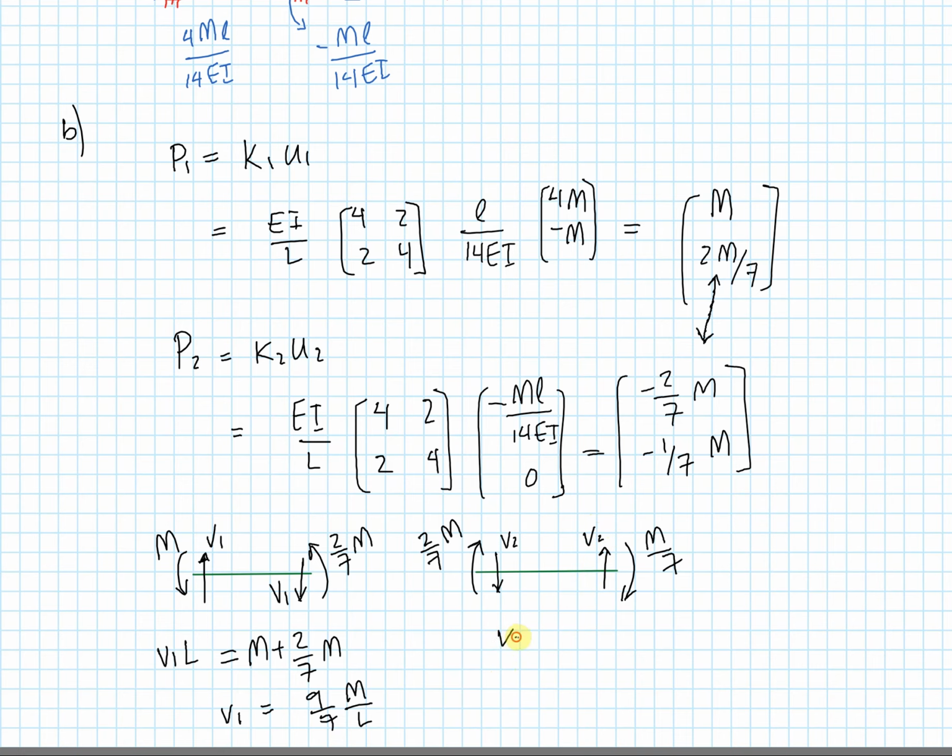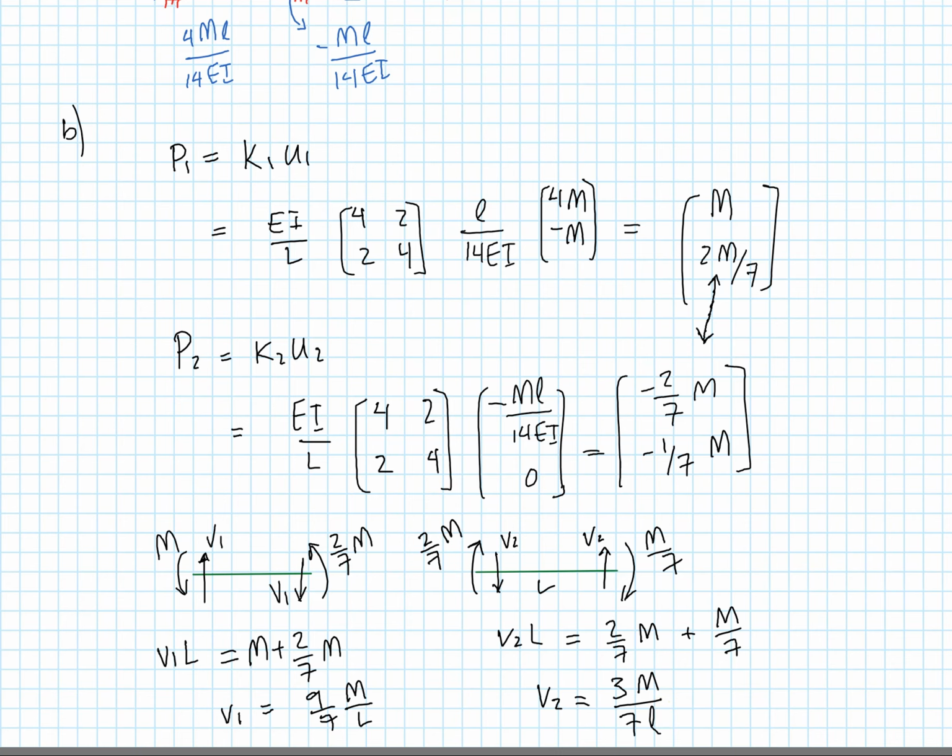And really that just adds up to V2L, L being this length here, is equal to 2 over 7m plus m over 7. And the V2 is equal to 3m over 7L.